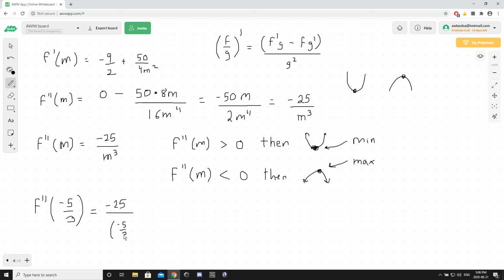-5/3, and I don't even need to evaluate this. Some of you are thinking we absolutely have to evaluate this, get an answer, and then see if it's positive or negative. You don't even have to. You see that the numerator is negative, -25. Down here you've got a negative, but then that cubed. A negative times a negative is a positive, so if this was squared, the entire denominator would have been positive.